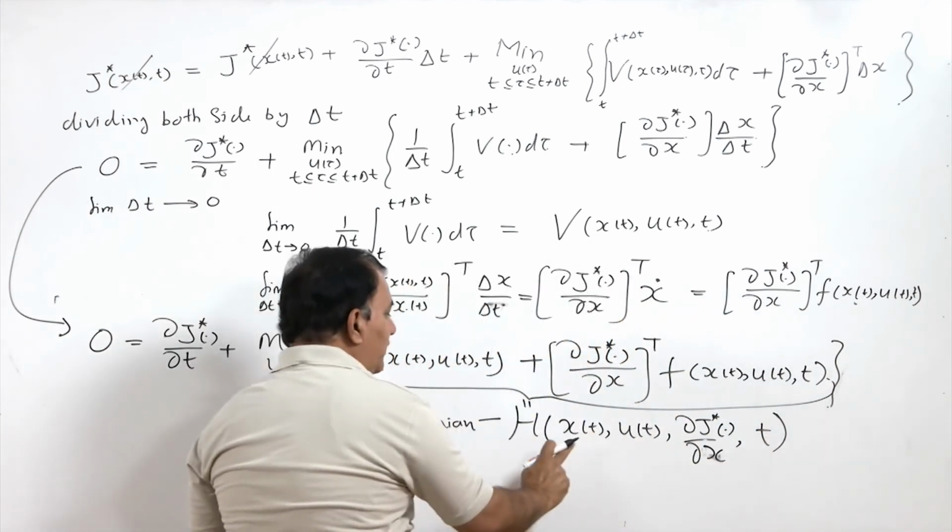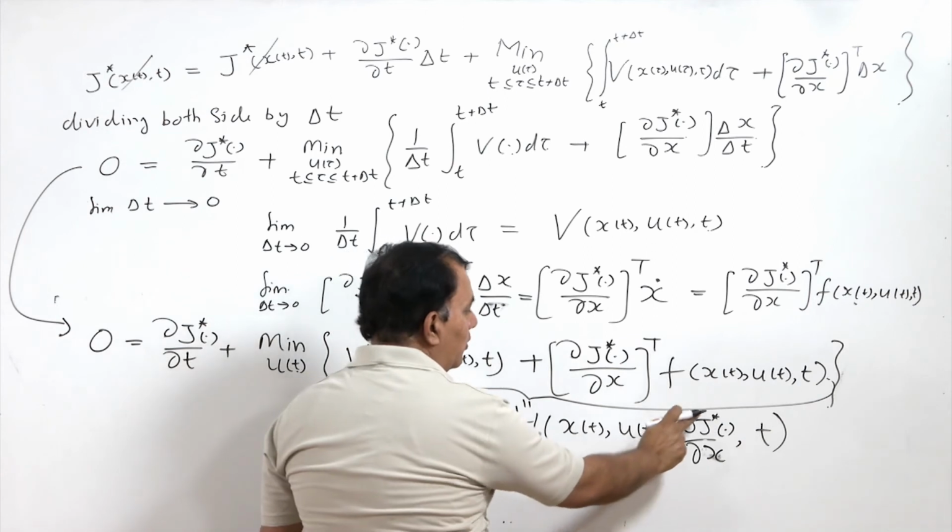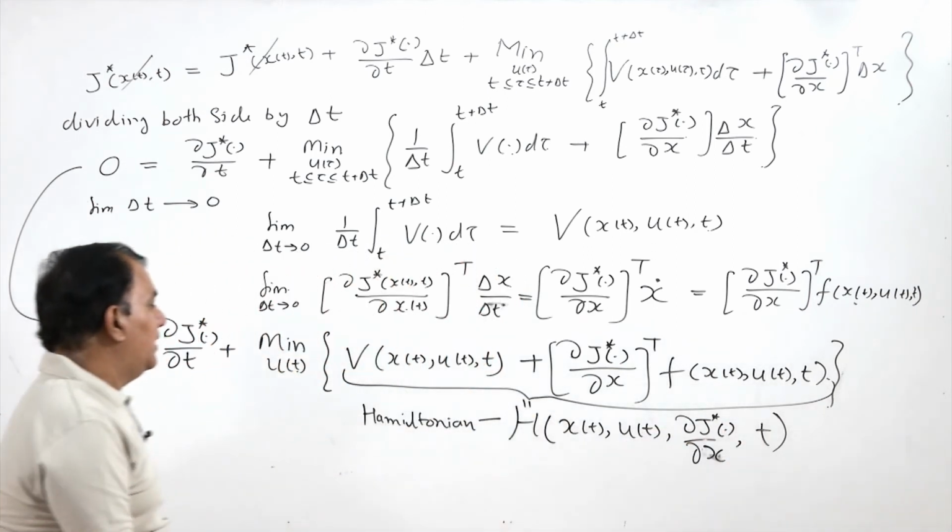So this Hamiltonian is a function of x, u, del j by del x and t.